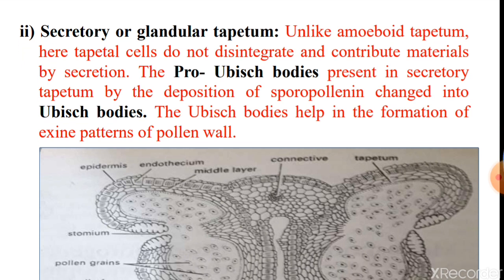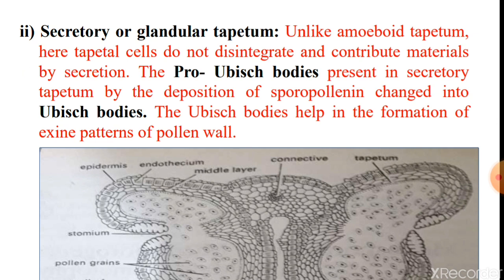The second type of tapetum is secretory or glandular tapetum. Here, unlike amoeboid tapetum, tapetal cells do not disintegrate and contribute materials by secretion. That's why this is known as secretory or glandular tapetum.